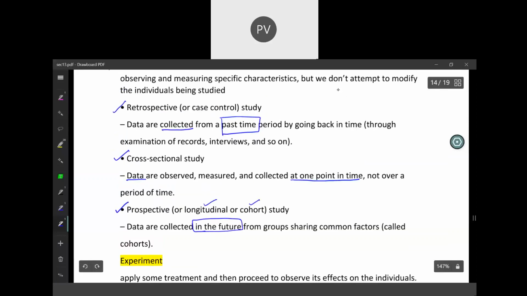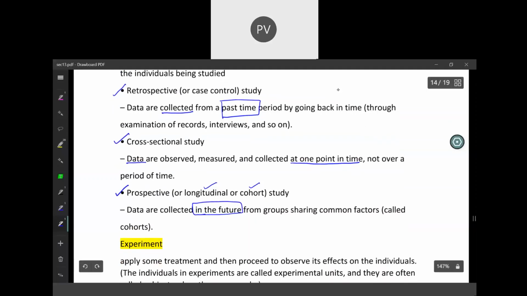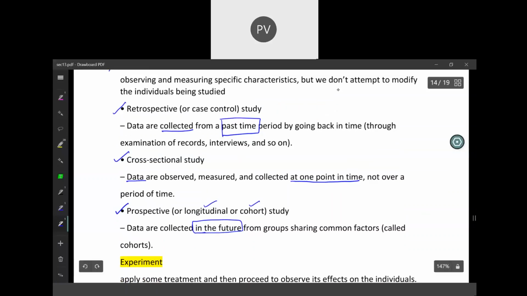In retrospective, data is collected in the past time. Cross-sectional study, data is collected at one point in time. And prospective, data is collected in the future. It is more like past, present, future. Okay.